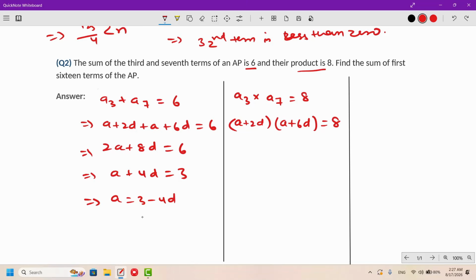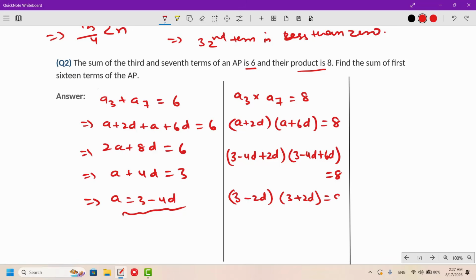Now putting the value a equals 3 minus 4d here: (3 minus 4d plus 2d) into (3 minus 4d plus 6d) equals 8. So (3 minus 2d) into (3 plus 2d) equals 8.